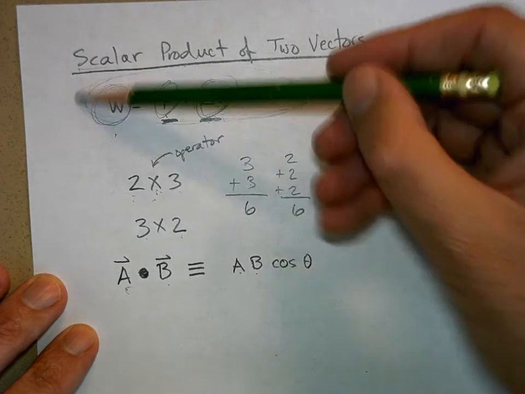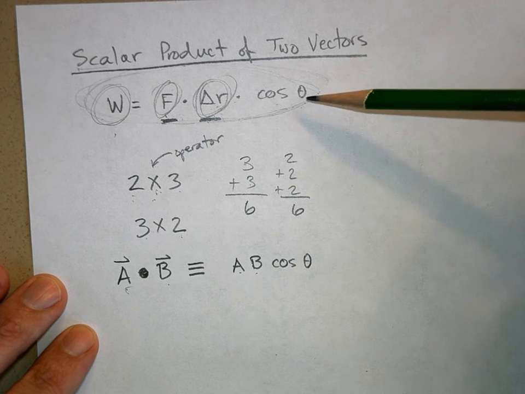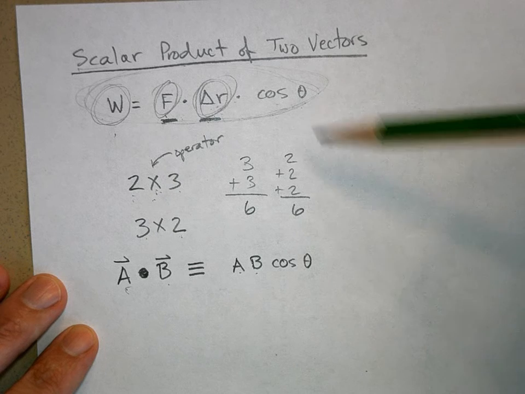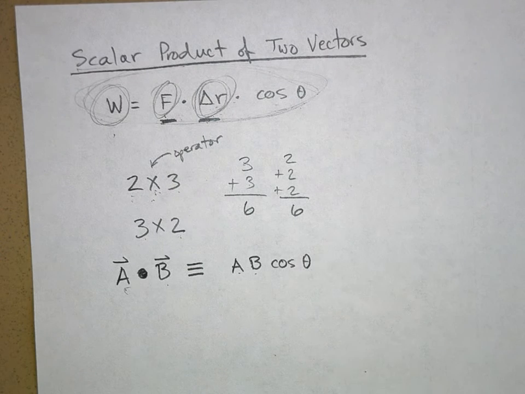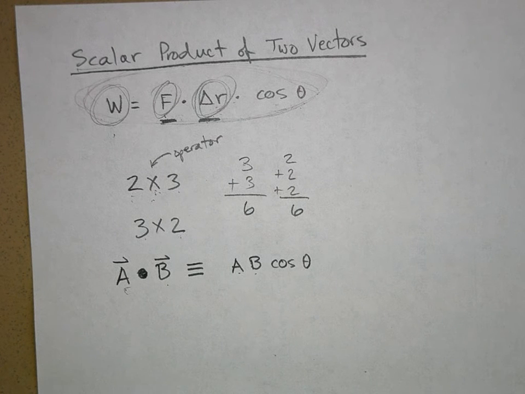So the scalar product was invented because we have situations like work where it makes sense. It turns out, though, there are other vector quantities that we multiply together in this way, and we'll talk about those as they come up.